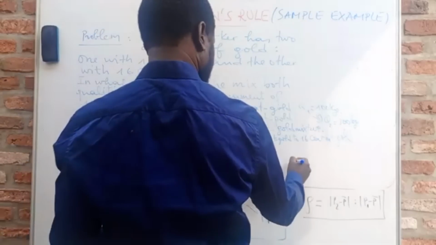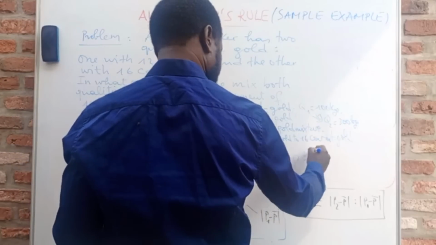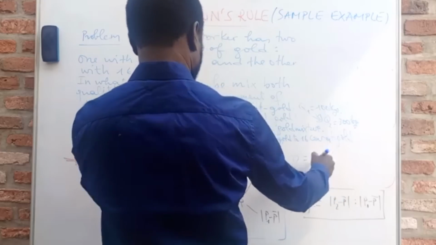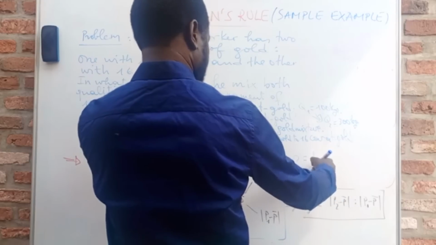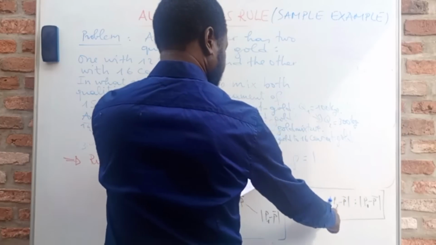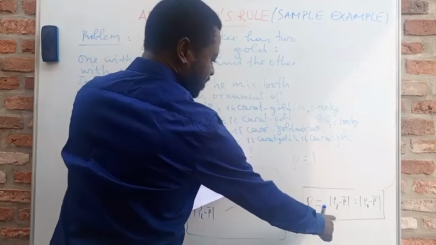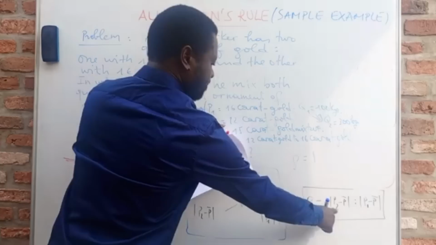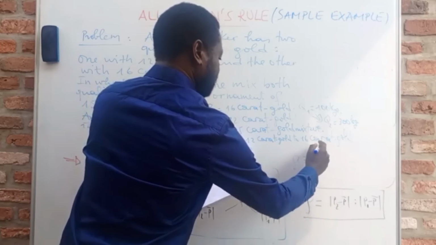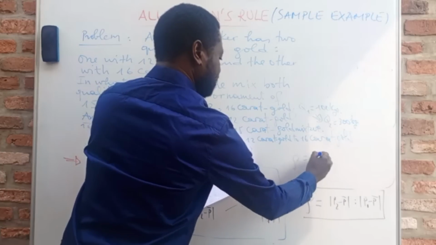We should have substituted and taken the absolute value. For example, in the case of the 16 to 12 karat gold ratio, we just substitute here: P2 is 12, 12 minus 15 is 3. You take the absolute value, you get 3.